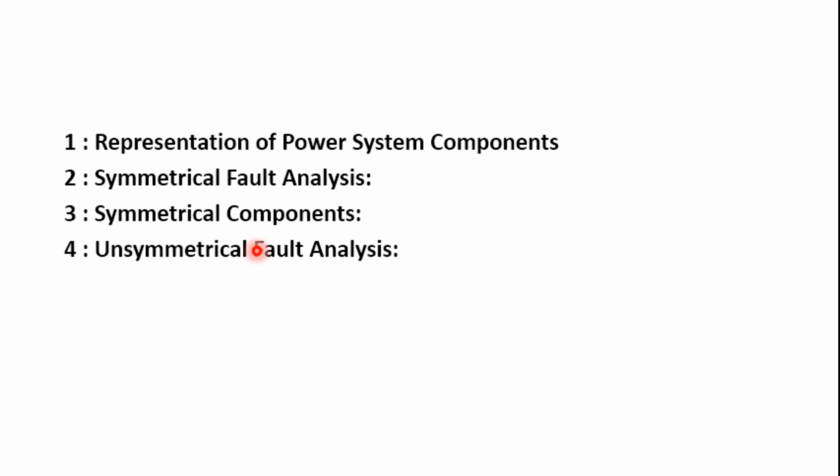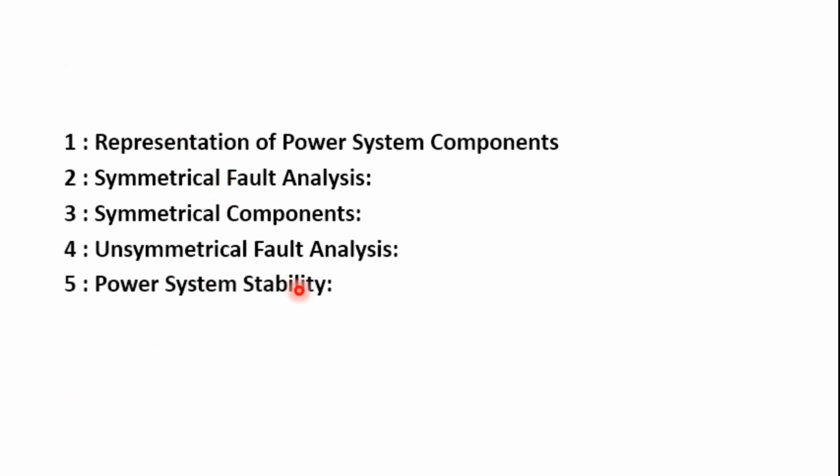With the help of symmetrical components, we can solve some complex numericals in the system, and you will understand which component gets overloaded and how we need to solve it. These kinds of problems we are going to discuss in unsymmetrical fault analysis.